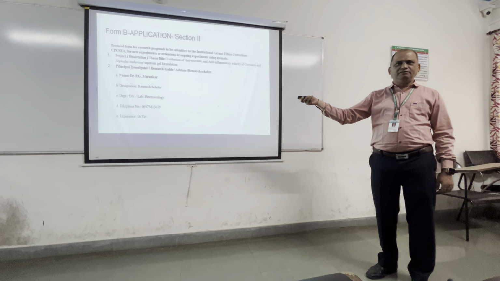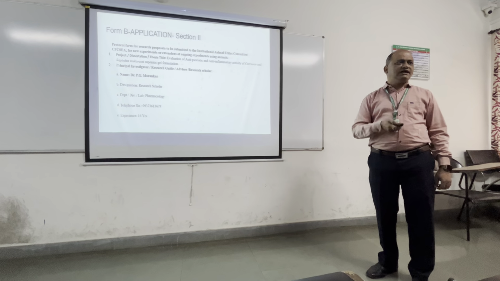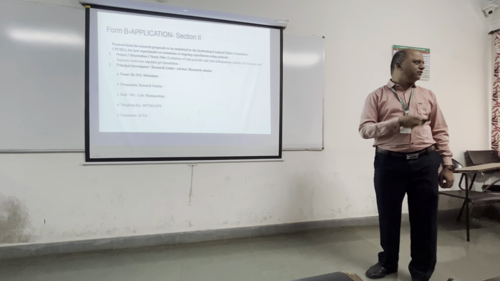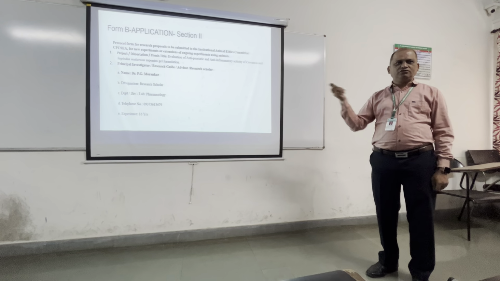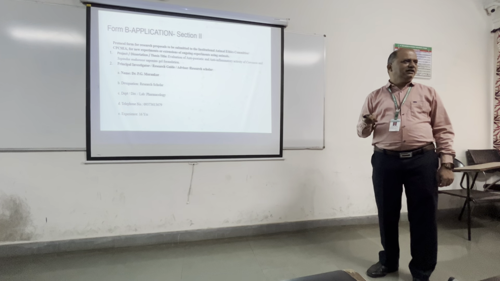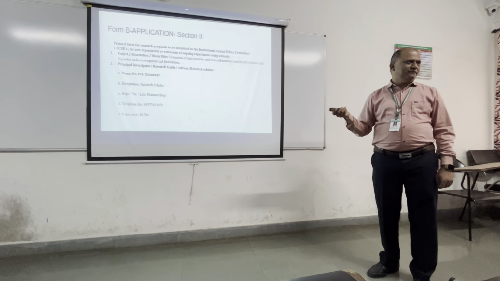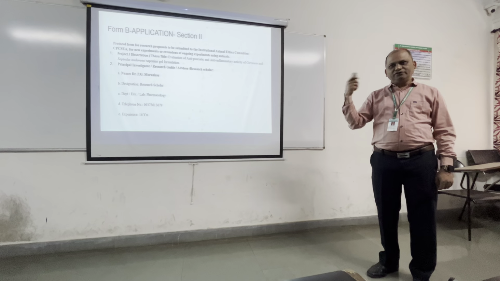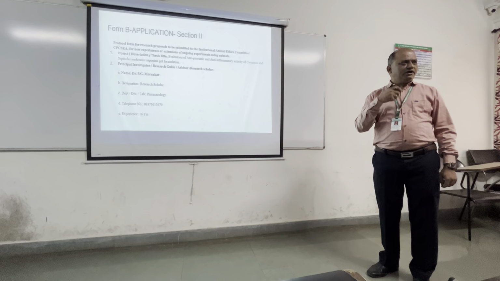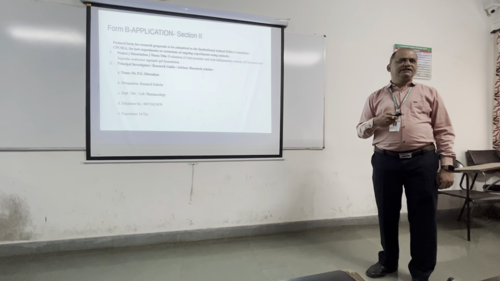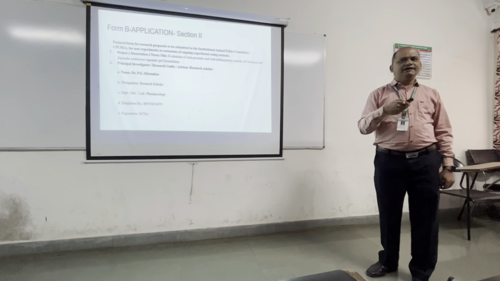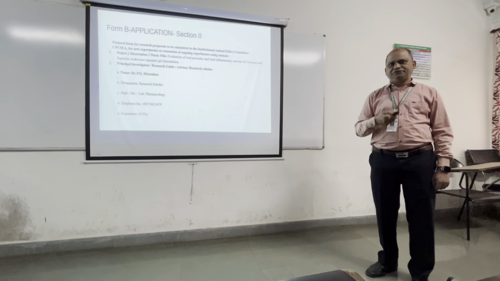The second individual will be the one who is helping you in carrying out the animal work. Most of the time, we mention only the name of our guide and ourselves in the form, but you must ensure that your guide or you know how to handle the animal, how veterinary care should be taken, and what kind of study you are conducting.